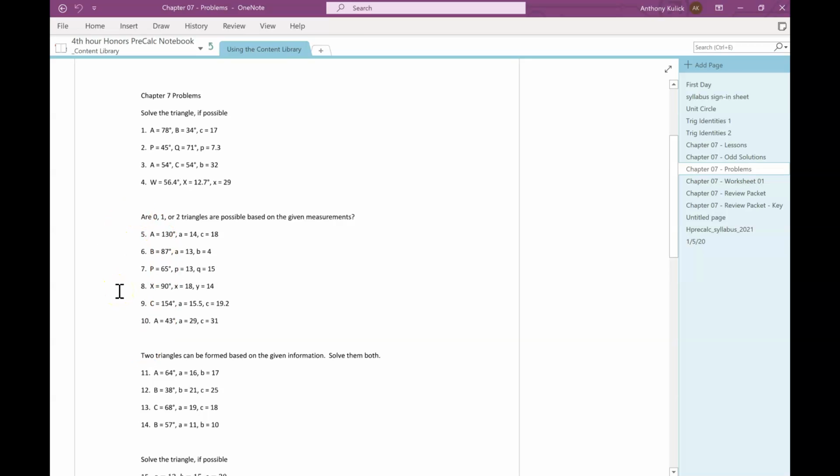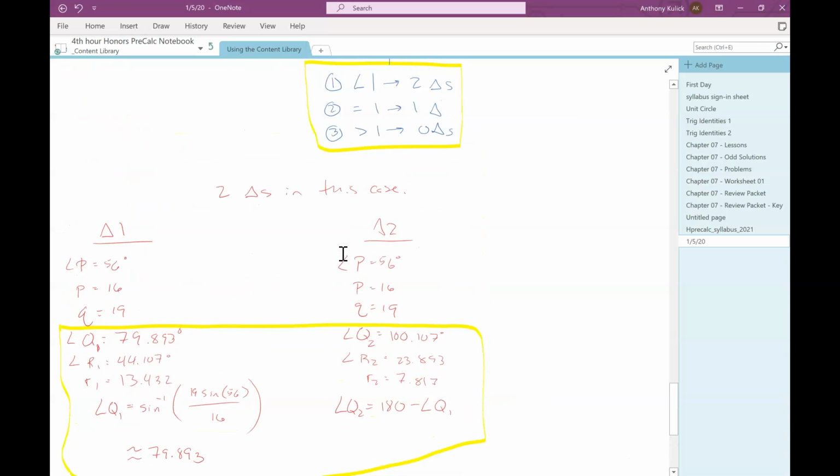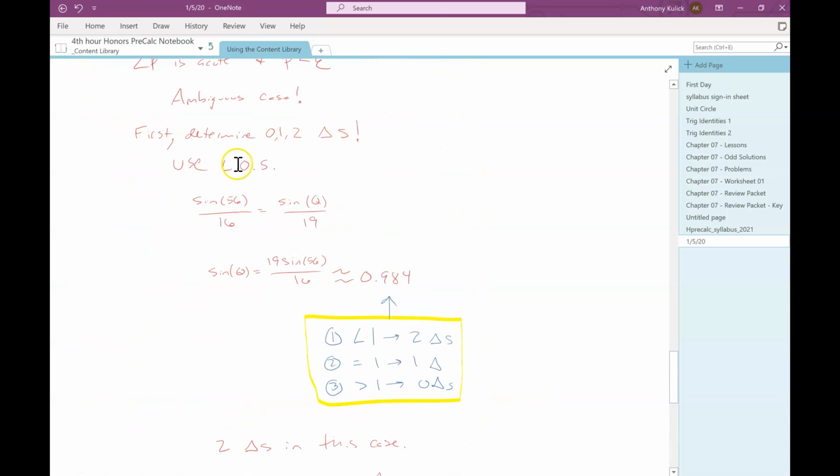It's just asking whether 0, 1, or 2 triangles is possible. So don't do all the work to solve them. Just figure out how many triangles there are and then stop. You remember in the notes when we did that? So all you have to do is this part. You don't have to do all that mumbo jumbo afterwards, right?